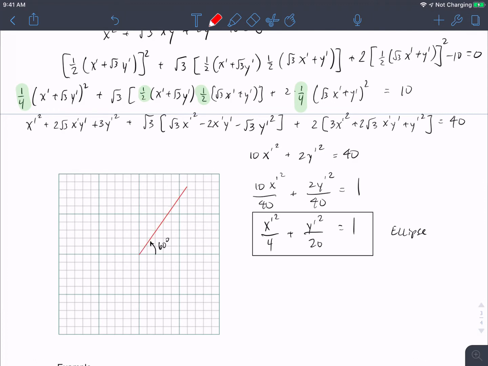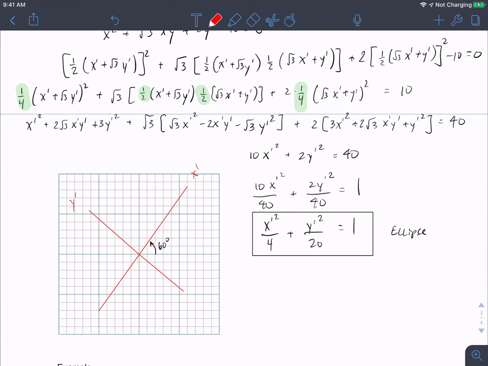It's not going to be perfect, but that's okay. This is going to be my x', and then trying to be perpendicular to that. That's kind of off, sorry. That's not too bad. There's my y'.